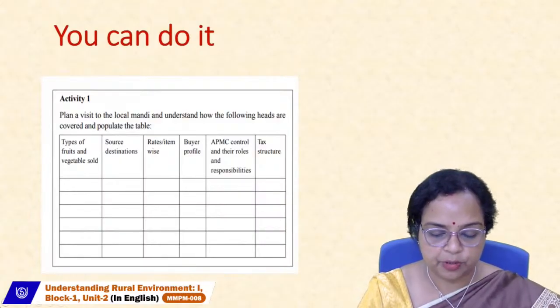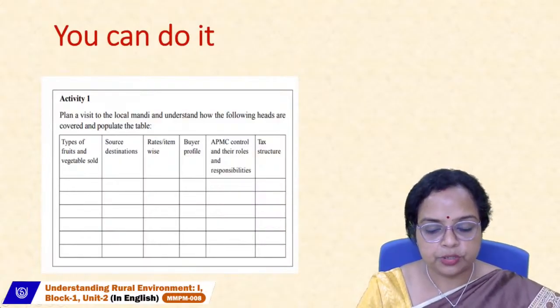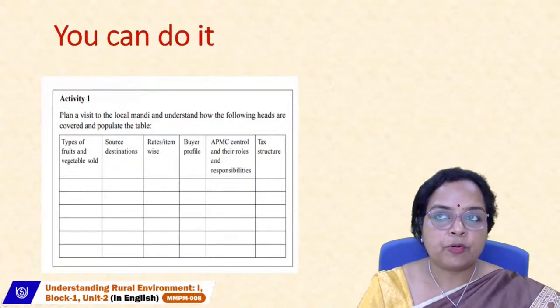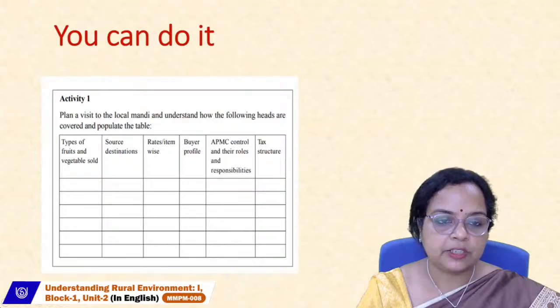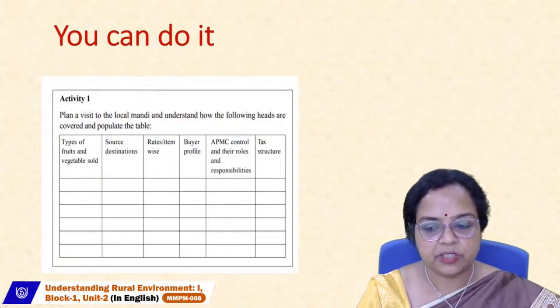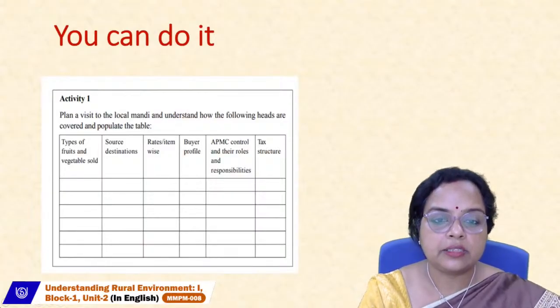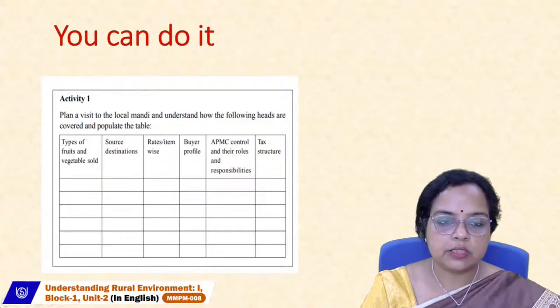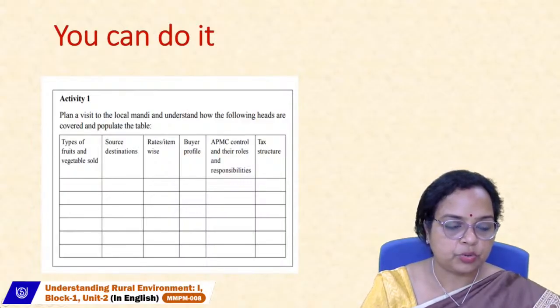There are three types of economic flows: rural to rural, rural to urban, and urban to rural. Now if you want to do a practical exercise, you can visit your local mandi where grains and vegetables are stored and understand how the following heads are covered and populate the table. The first column is fruits and vegetables sold.